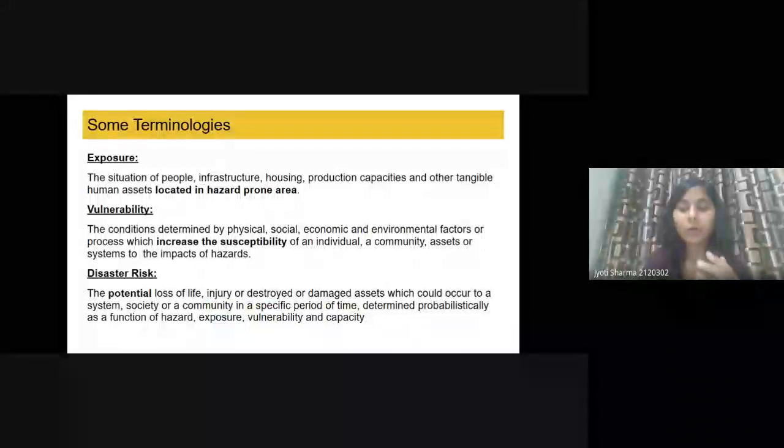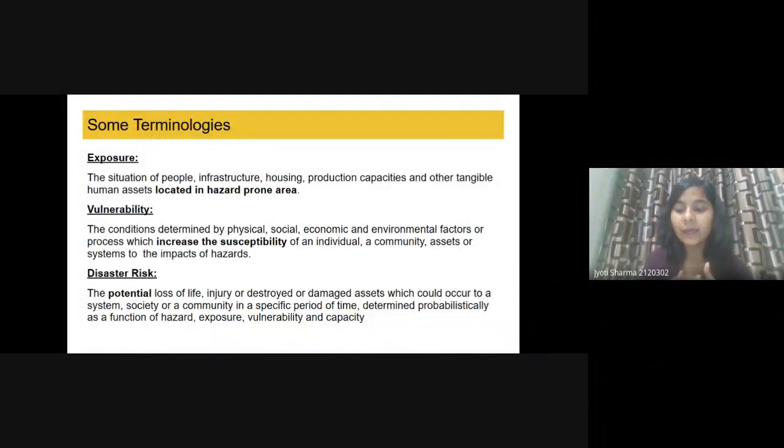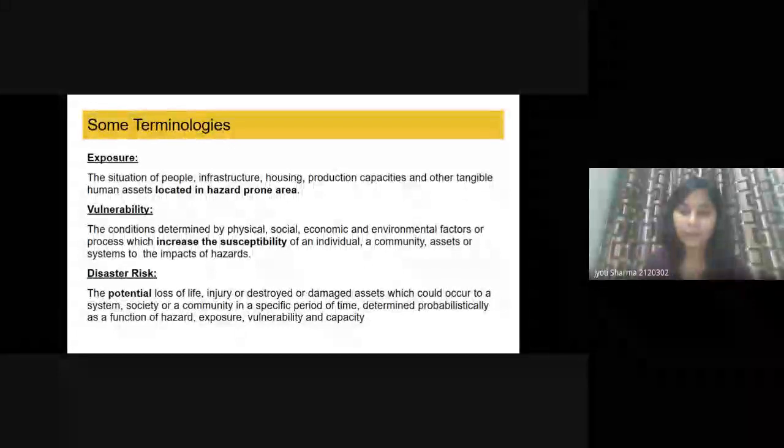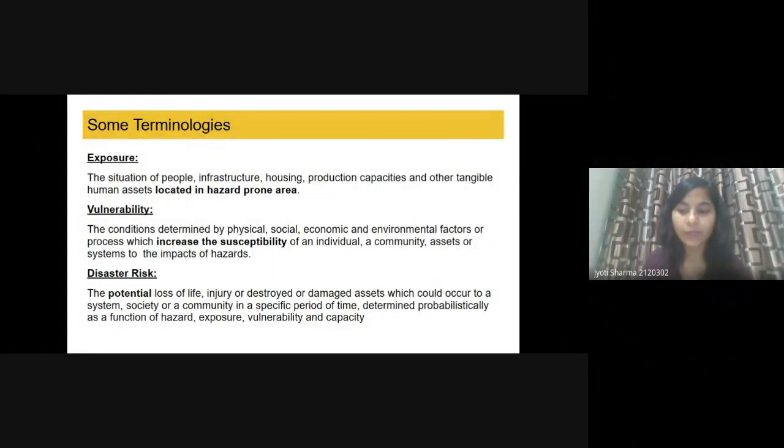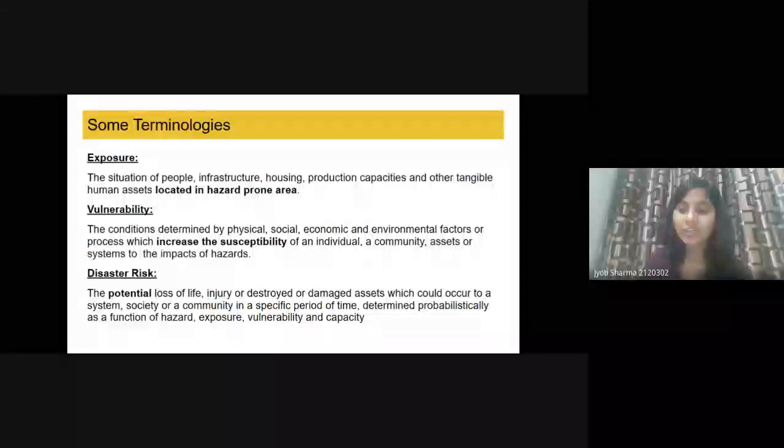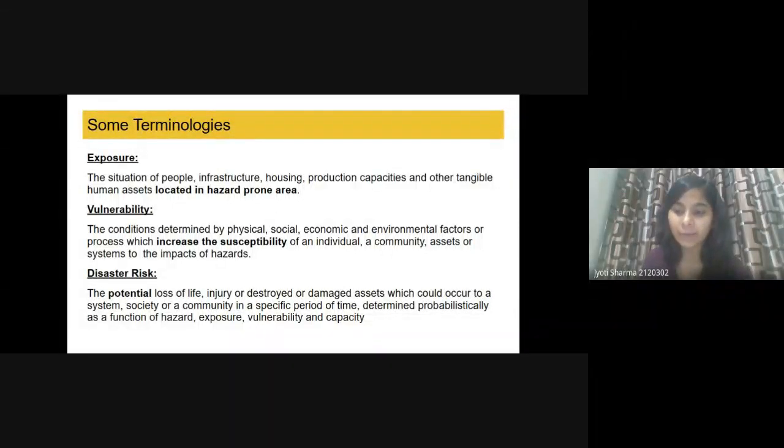Okay, and when any hazardous event happens, which type of condition will it affect, the first condition or second condition? The second one, because you don't have the financial support, you don't have the air purifier, you don't have the water purifier, you don't have that many resources to cope with that condition. It means that if you have such a condition, then you are highly vulnerable to the exposure.